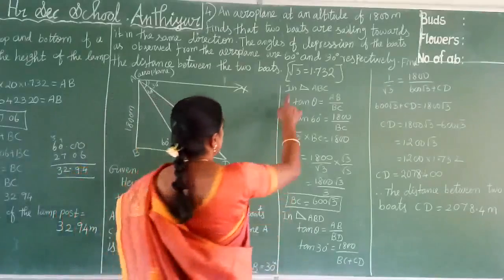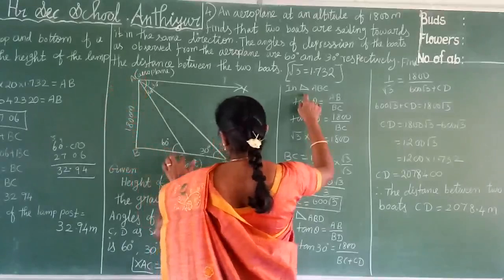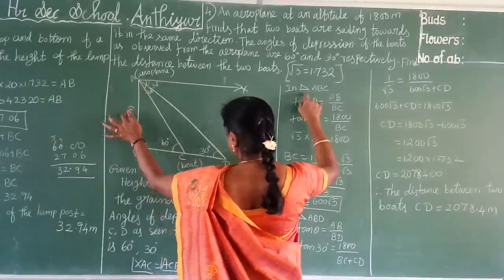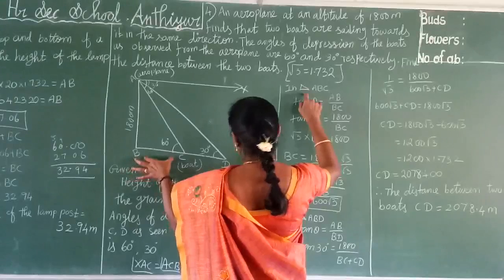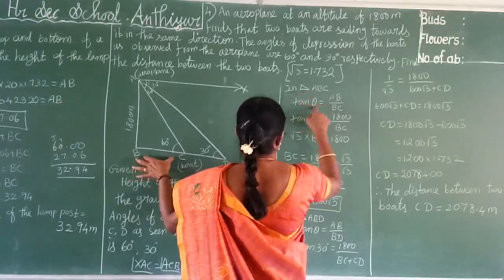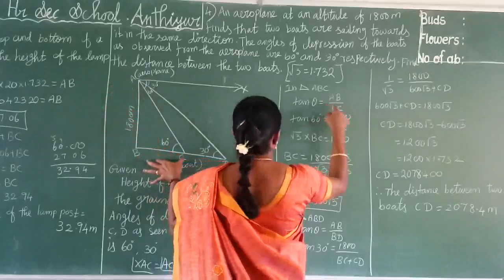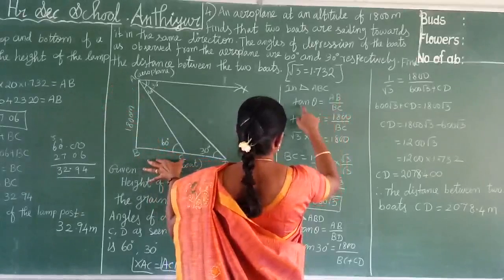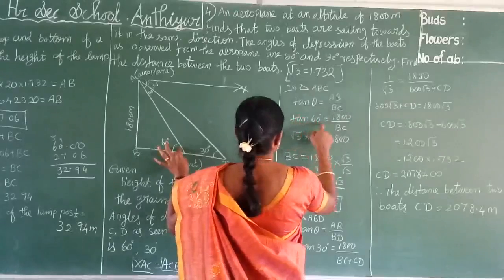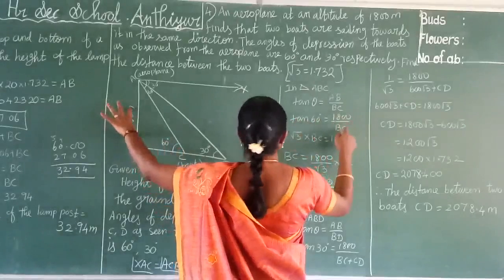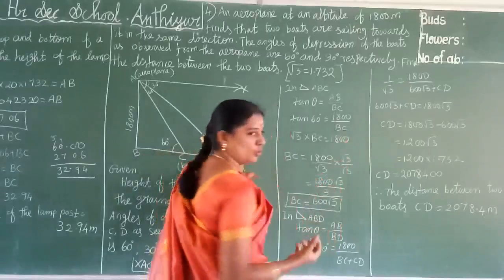Next, in triangle ABC, here theta is the angle we know. So tan theta is equal to opposite by adjacent, AB by BC. Theta is 60 degrees, so tan 60 degrees is equal to AB, 1800, by BC. BC we don't know.